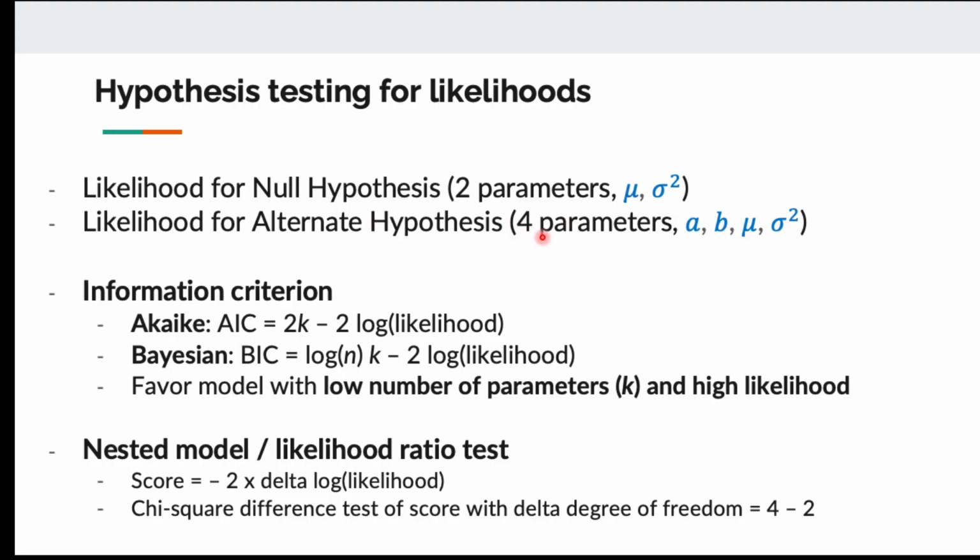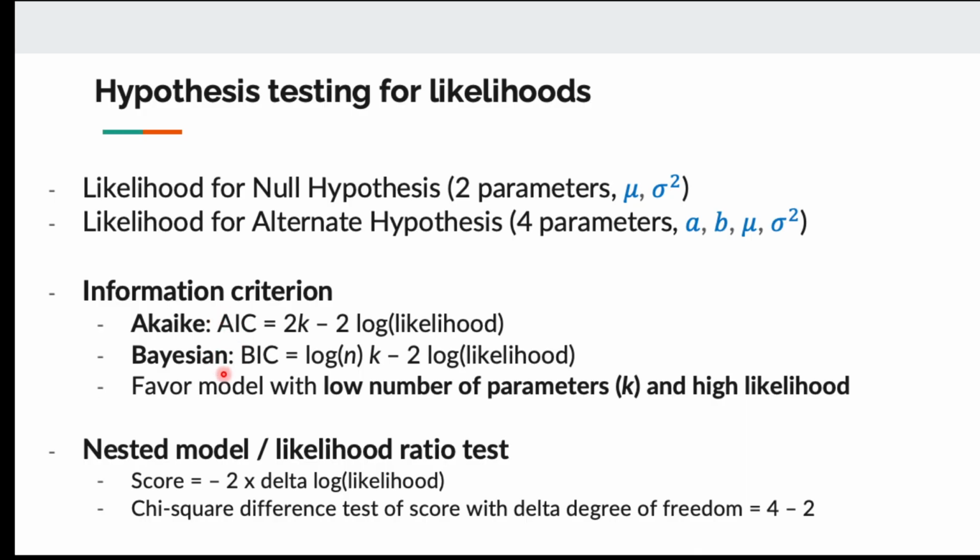But we also don't want the complex hypothesis to be too complex. We don't want it to have 100 parameters. So these information criteria are going to balance between 2 things. You will see K is the number of parameters, and likelihood is how well the hypothesis fits the data. And they're going to compete with each other, so you're going to see the minus symbol. This holds for both Akaike information criterion and Bayesian information criterion.